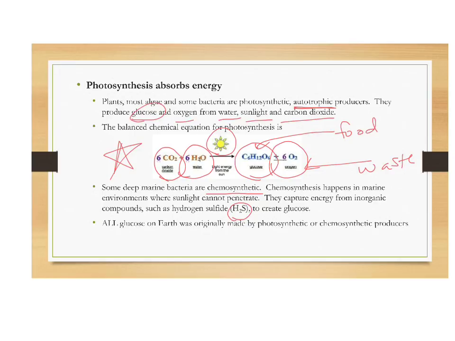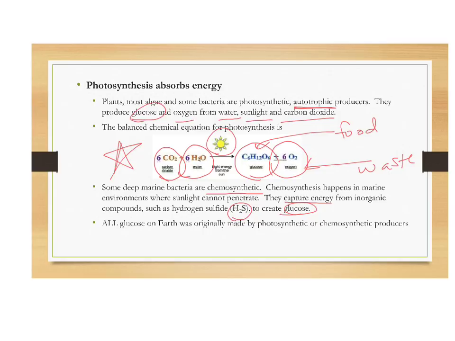So this is, again, an energy capture process. And what they're using is hydrogen sulfide and carbon dioxide to create glucose. So again, they're producing glucose. Every glucose molecule on Earth was originally made by either photosynthetic or chemosynthetic producers.